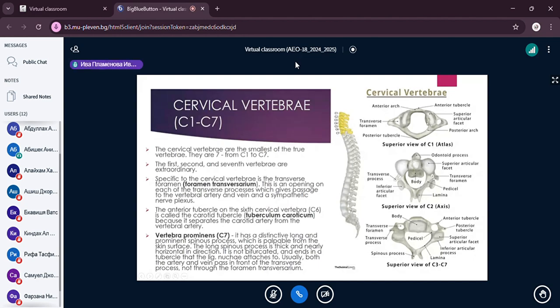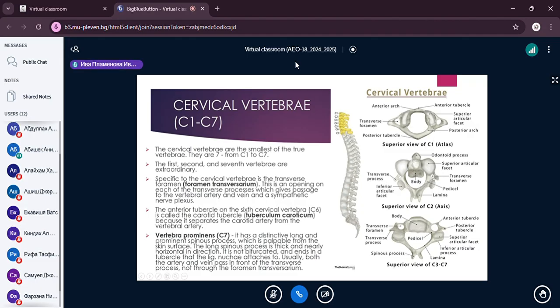In this foramen, we can find the vertebral artery. You can see this foramen only in the cervical vertebrae.